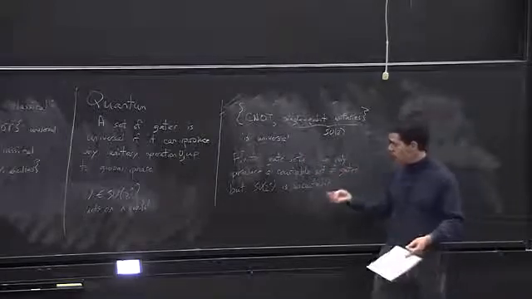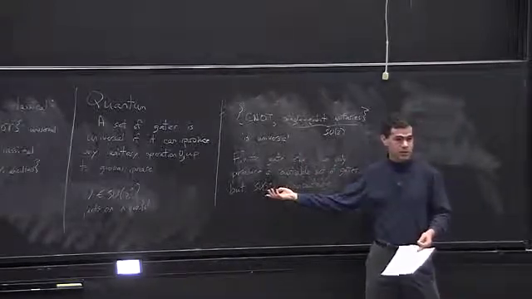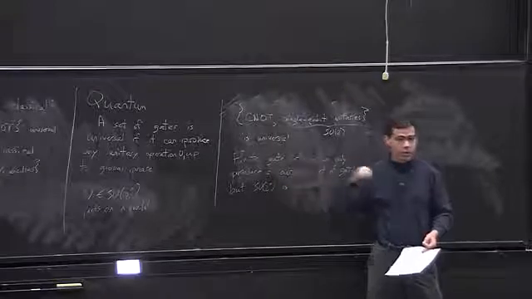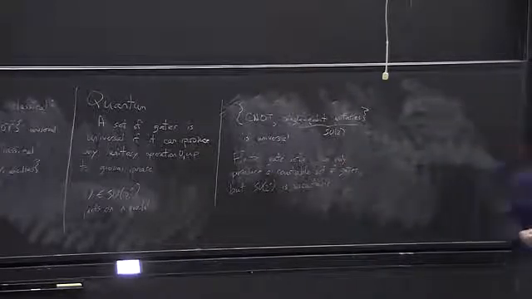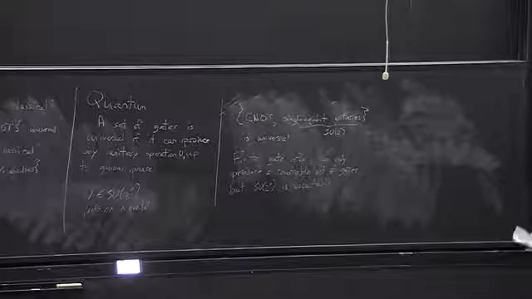Okay, but luckily we don't really need to get exactly every unitary. We only need to get approximately every unitary. And it turns out that finite gate sets are enough to do that.